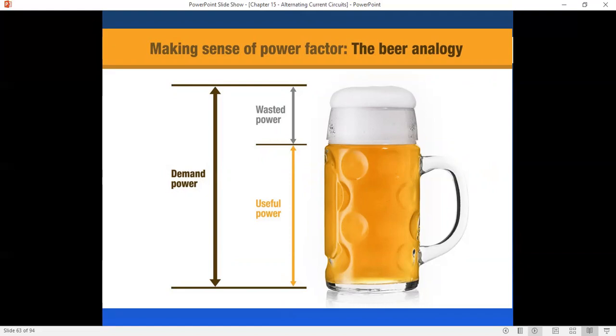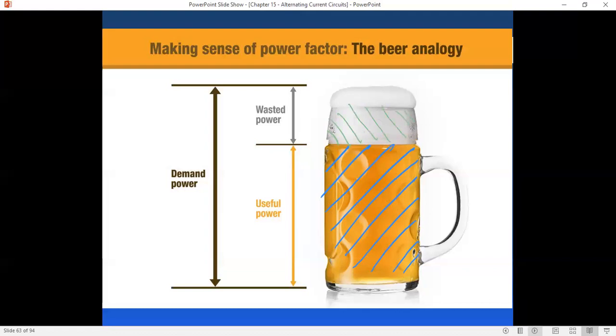It's how much useful power you use compared to how much non-working power you use. So let's say you order a beer. You want as much of that glass to be filled with beer as possible because that's what you ordered. The foam on top of it is completely useless. It's just taking up space right there.